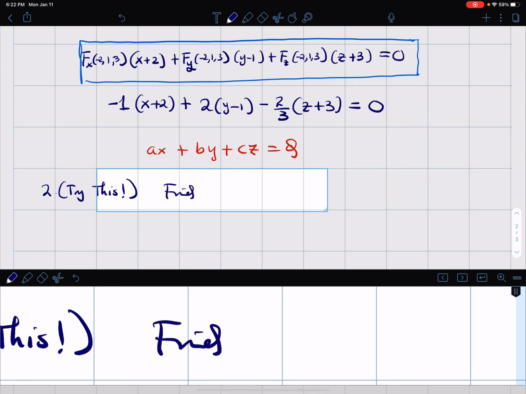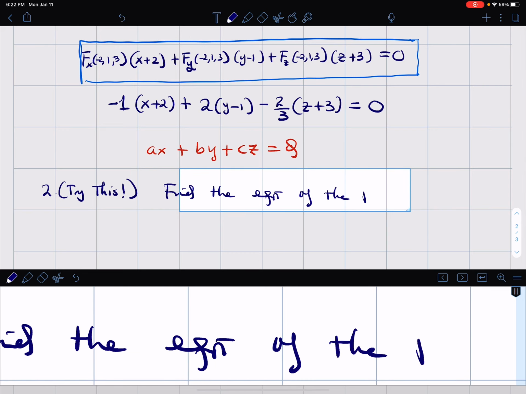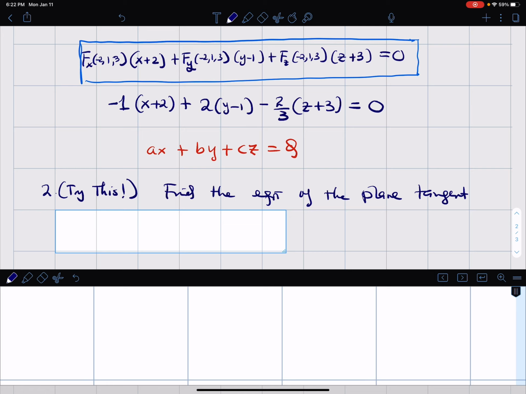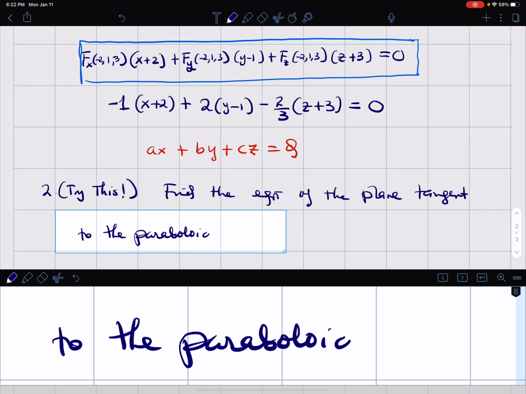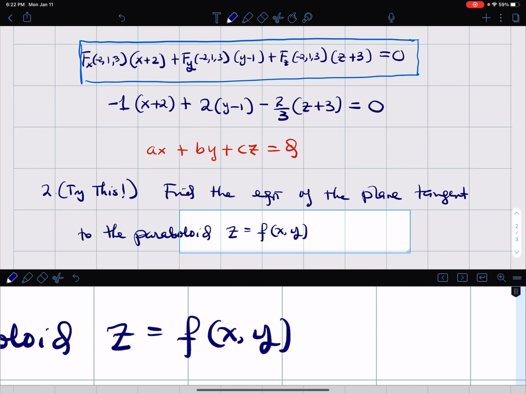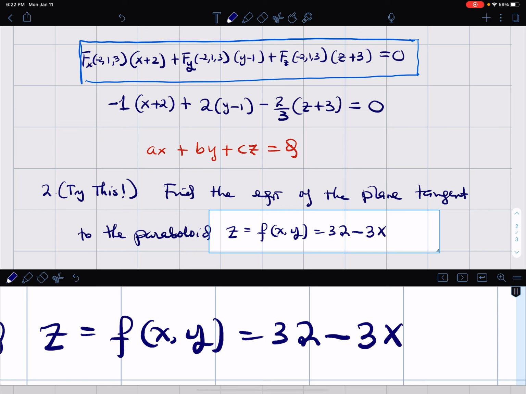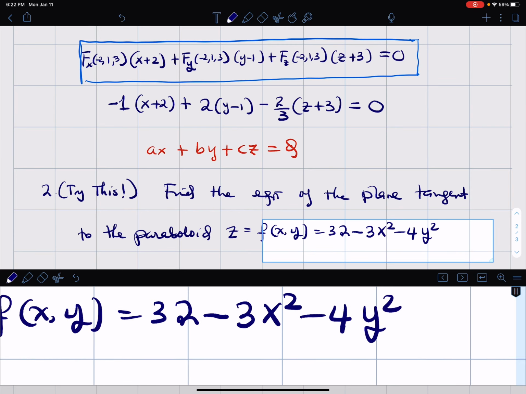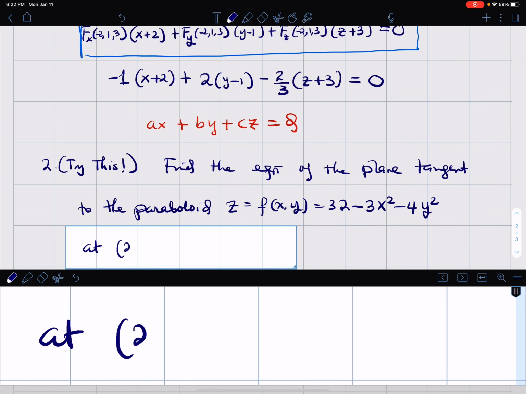I want you to find the equation of the plane tangent to the paraboloid z equals f of x, y equals 32 minus 3x squared minus 4y squared at the point 2, 1, 16.